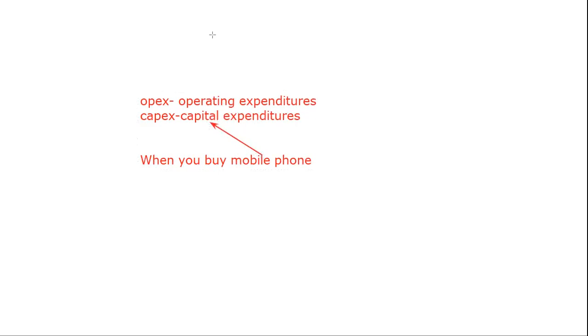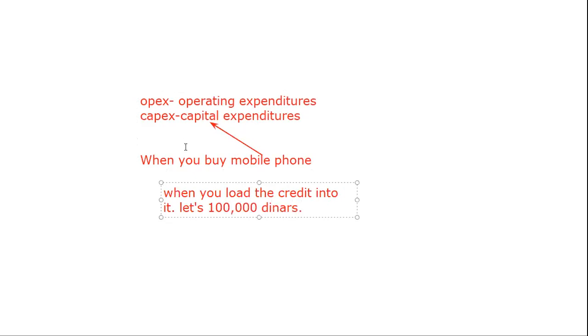Okay, and when you load the credit into it, let's say 100,000 dinars, what is it? Now this is the operating cost.